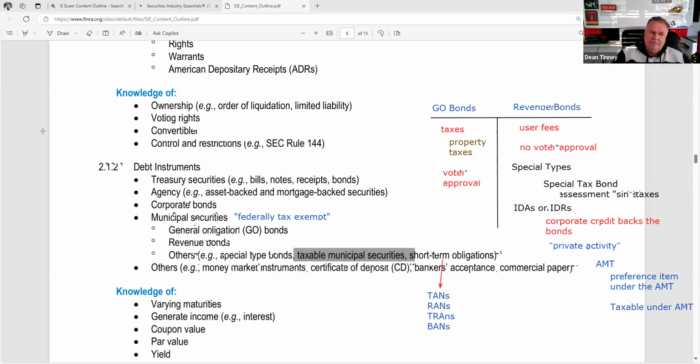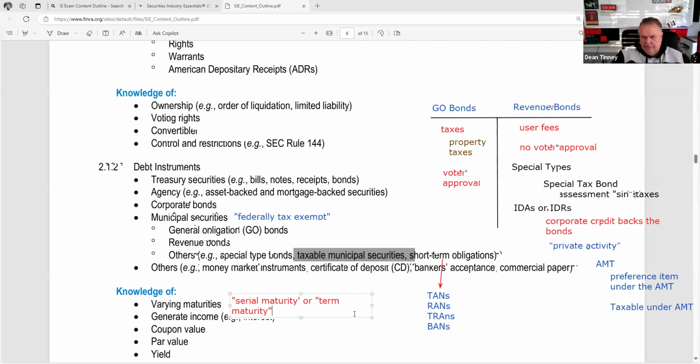Now, if the bonds have varying maturities, that is called serial. So we have serial maturity and we have term maturity. Serial maturity means the bonds are coming due at different times. Term maturity means all the bonds are coming due at once.